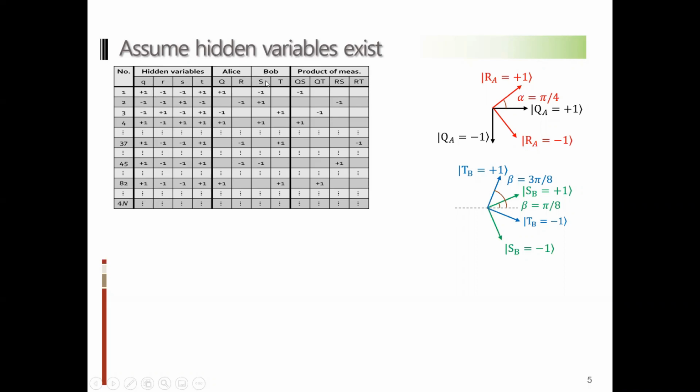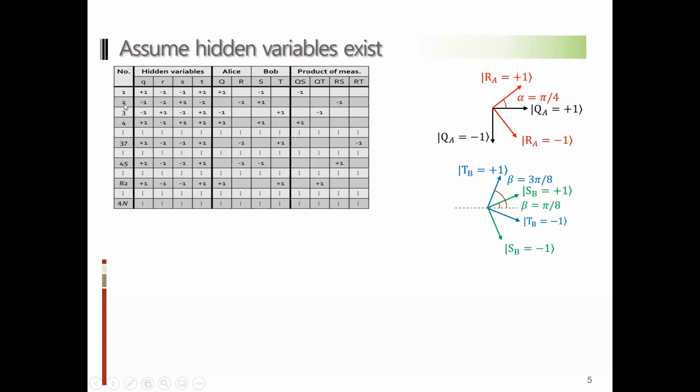However, Alice and Bob do not know this information in advance, and Alice will randomly choose between Q and R, and for the first trial, she decided on Q. She decided to measure along the Q basis, while Bob decided to measure with the S basis. For these choices, Alice obtained +1 and Bob obtained -1. So in this case, we can say that the product of QS is -1.